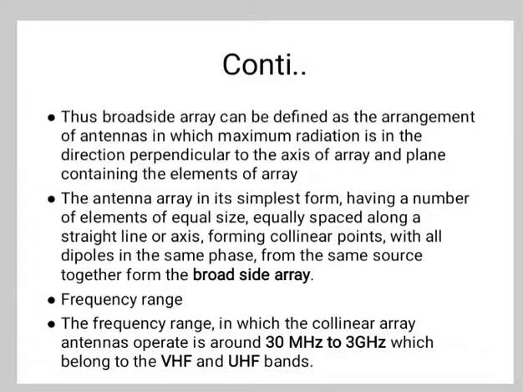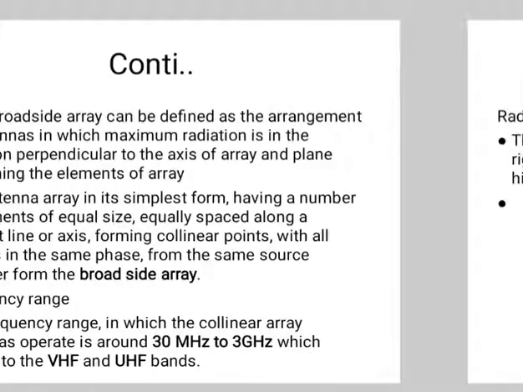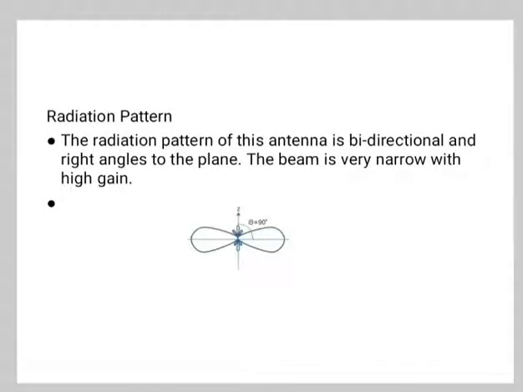We have seen the antenna array in its simplest form. According to the standard definition, an arrangement in which the principal direction of the radiation is perpendicular to the array axis and also to the plane containing the array elements is termed a broadside array.